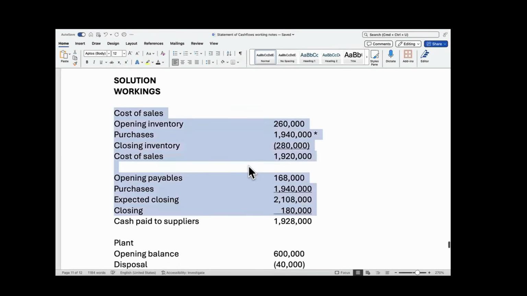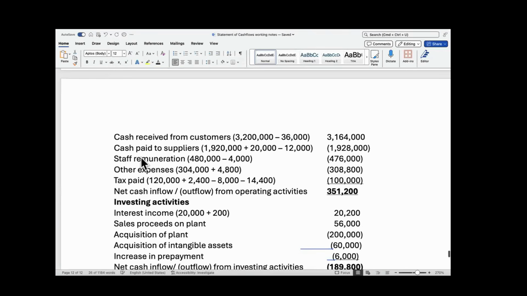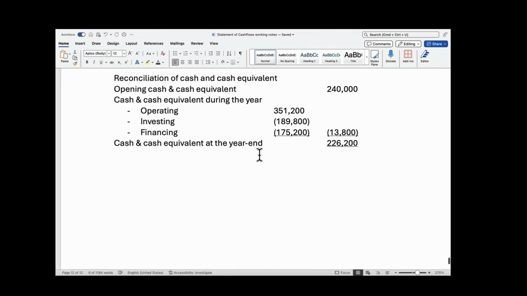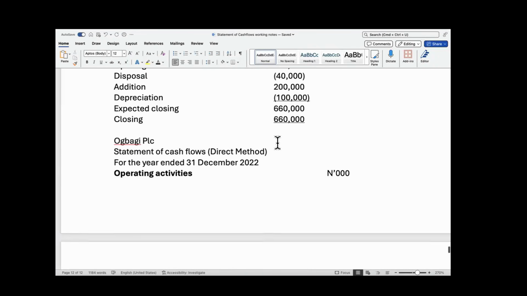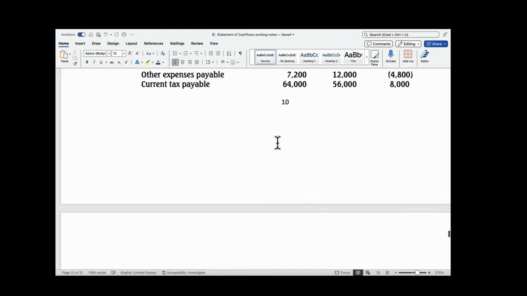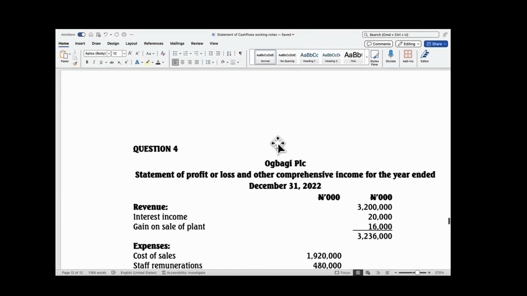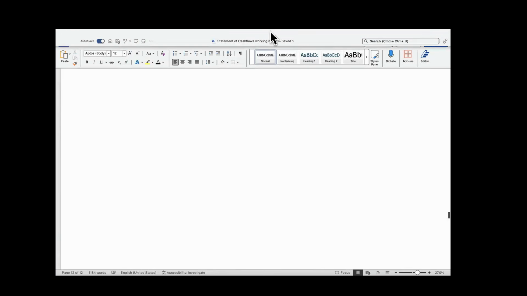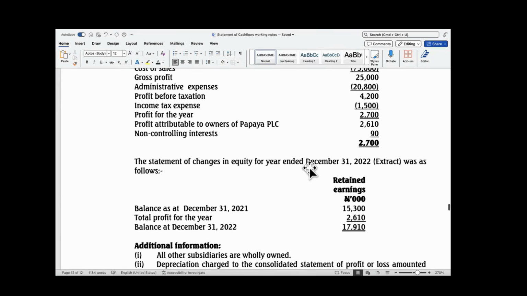And these workings that I did are not necessary because this simple one can fly. So just take your time to review all of this and solve as many questions as possible. So revise this one first, understand it. If you have any challenge, let me know. And solve as many other questions as you can.